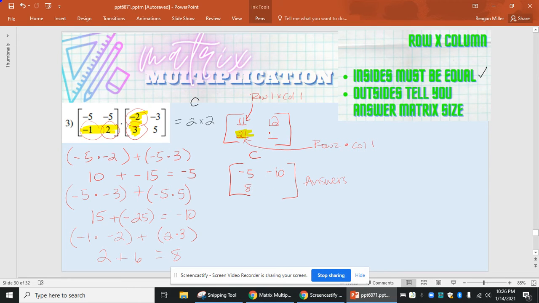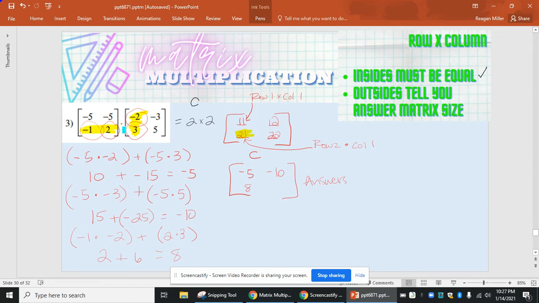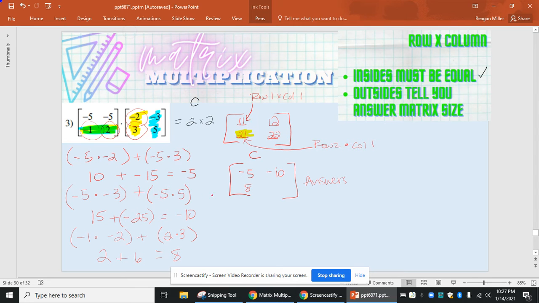And then here, this is going to be 22. So I will take row 2 in the first matrix and column 2 in the second matrix. And I'll multiply those. So for my first one, I'm going to take -1, grabbing that from here, and I'm going to multiply it by -3.